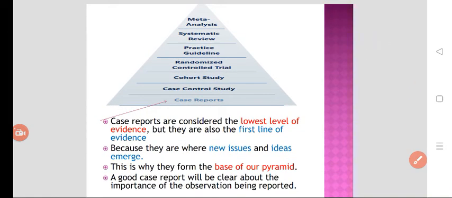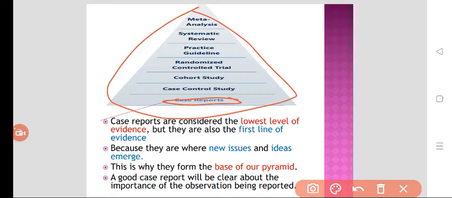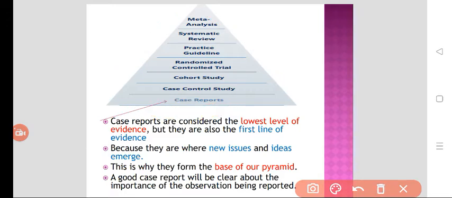Now, in level of evidence, it is considered the lowest level of evidence in the pyramid. This is the pyramid of level of evidence. So the case report comes at the base level, because it explains things about only a single case.